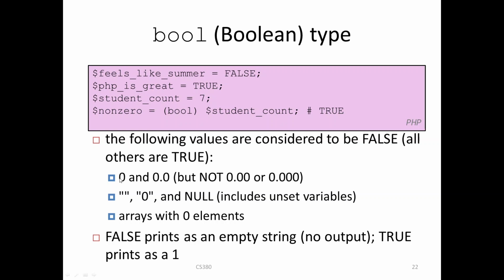For example, if 0 needs to be converted into Boolean, let's say you're using 0 in the place where a Boolean expression is required, for example, the if statement, or you're using some Boolean operator, like AND or OR. In this case, the 0 will be converted into false. This is an integer 0, this is a float 0. Both of them will be converted to false.